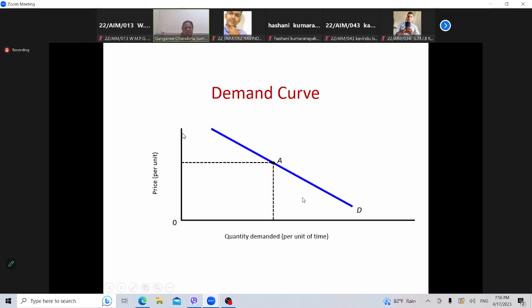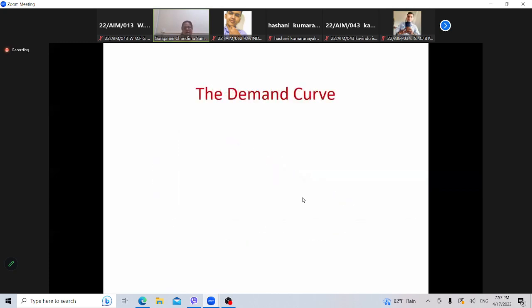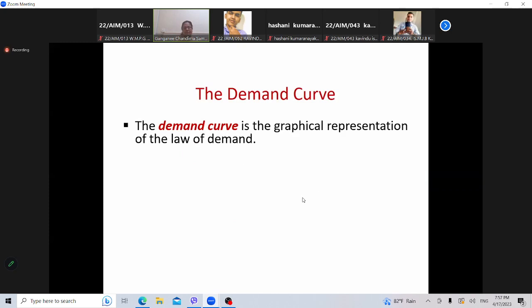But you should understand at higher prices, low quantity demanded; when price is decreasing gradually, the quantity demanded is increasing gradually. So that's the main thing you need to understand here. The demand curve is the graphical representation of the law of demand. Now we will move to the law of demand.